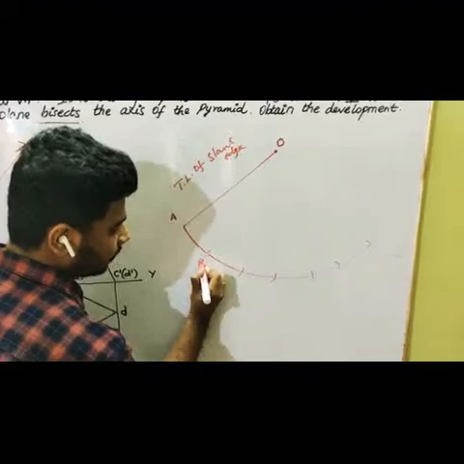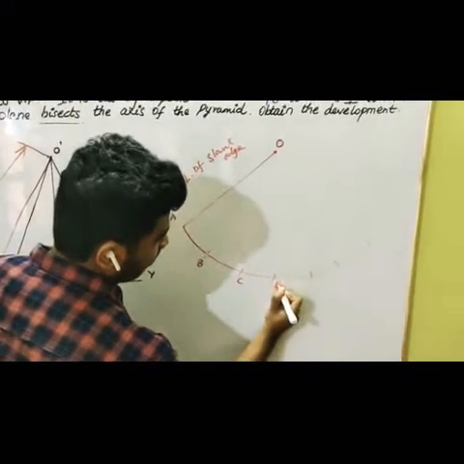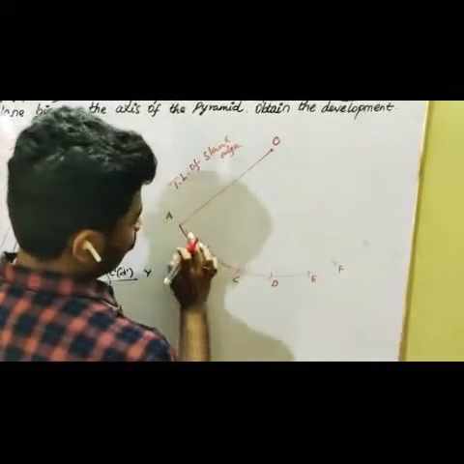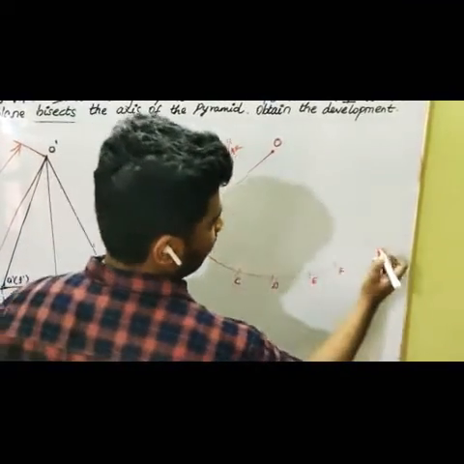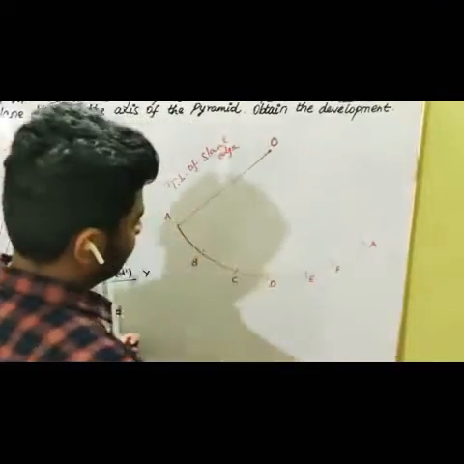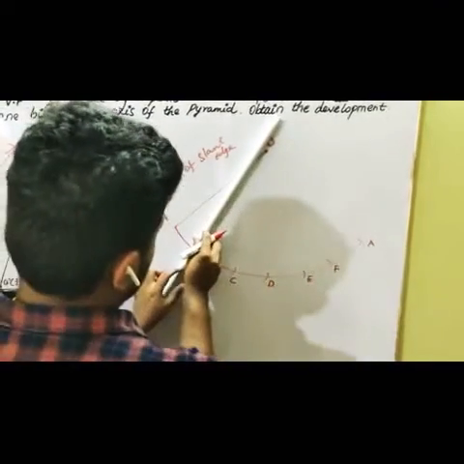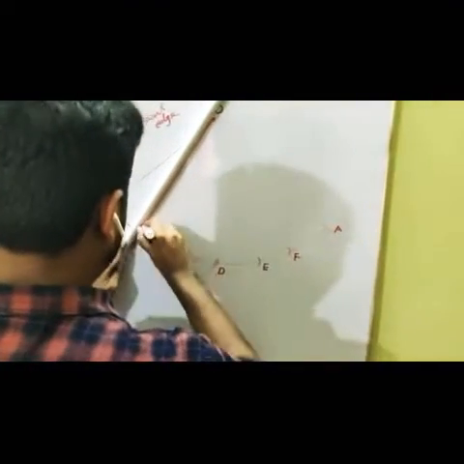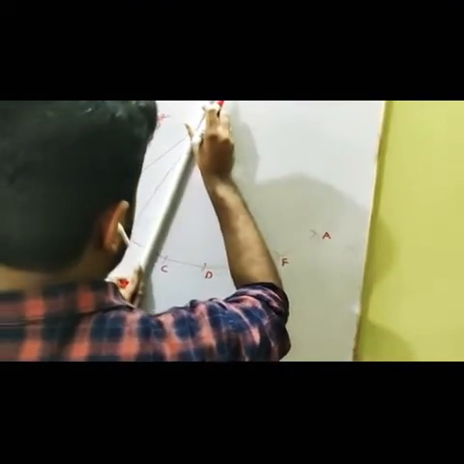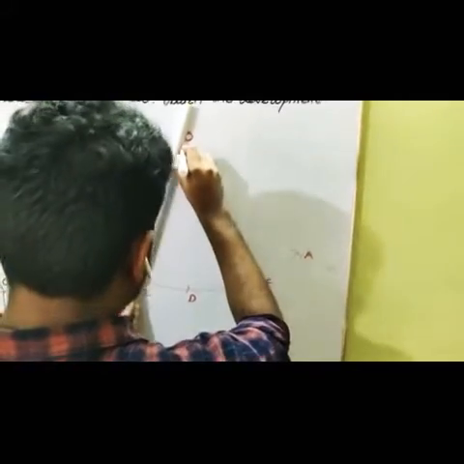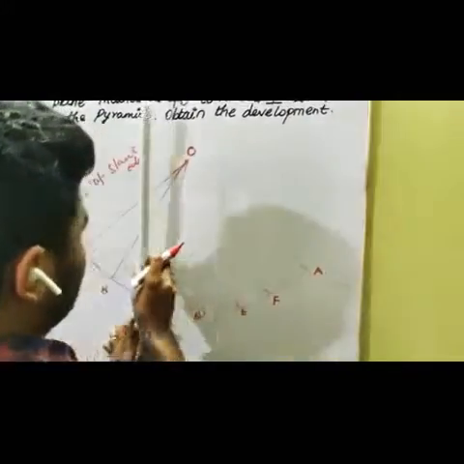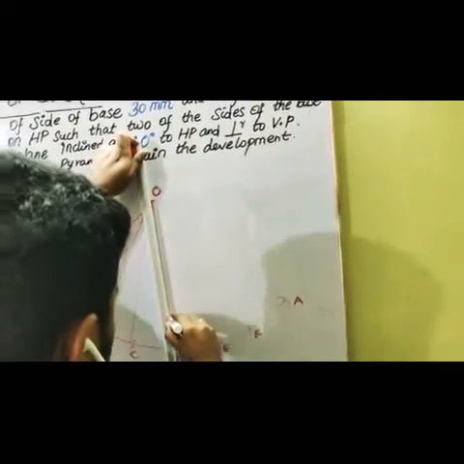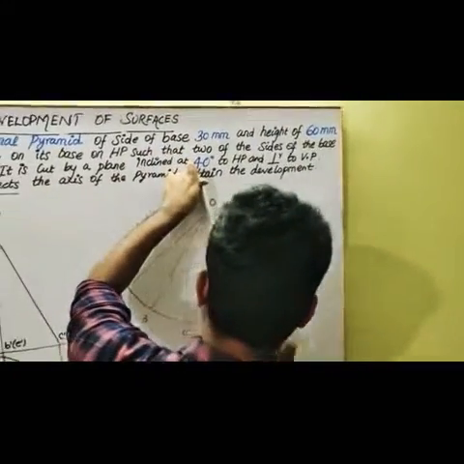So this is B, C, D, E, F, 1, 2, 3, 4, 5, and again the final point will be A. So you connect all these points with your center point O. So this is your OB, and this is your OC, and this is your OD, and it keeps on going like this.